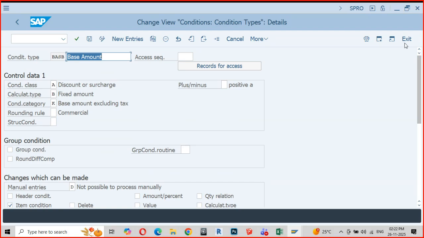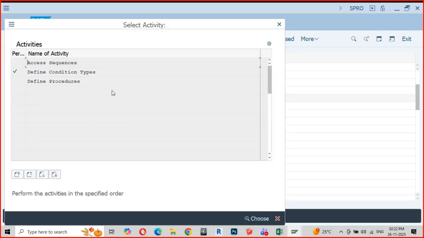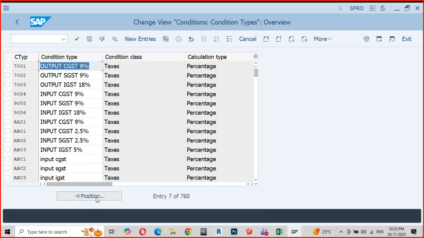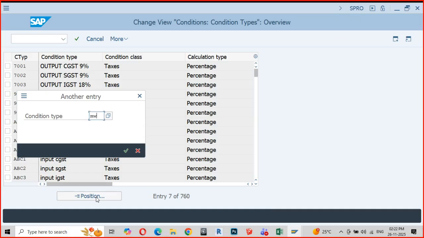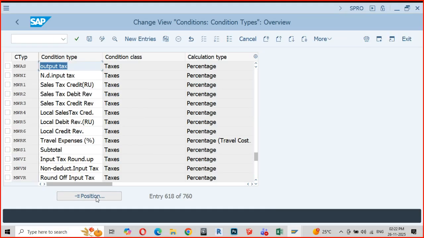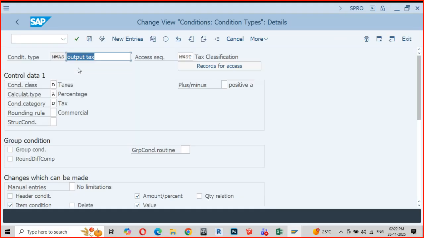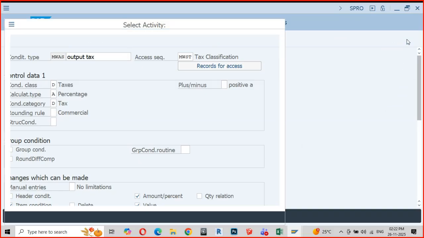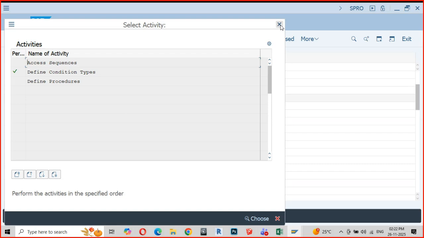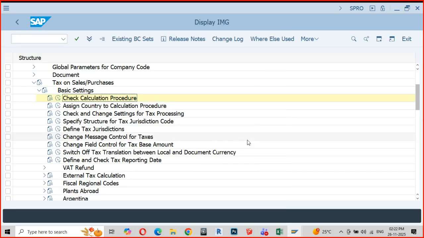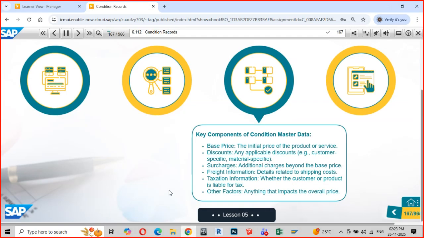Clear, students? Among the commonly used condition types, let me get into MWAS, which is for output tax. Double click. See, the output tax is calculated taking into consideration so many factors. So this is exactly your condition types. Did we see the base price and the discounts?